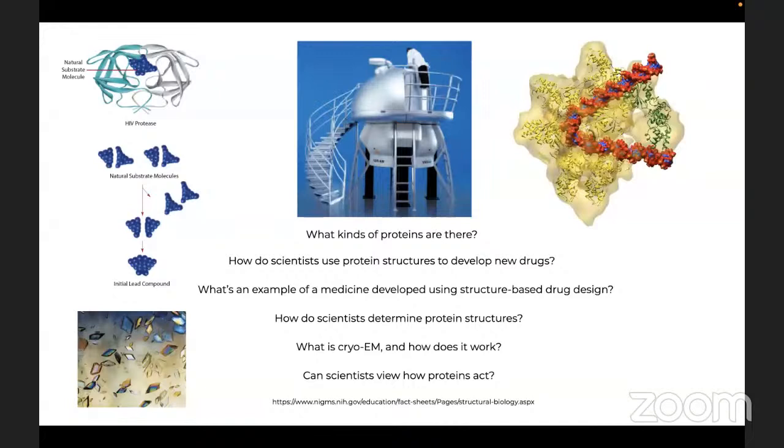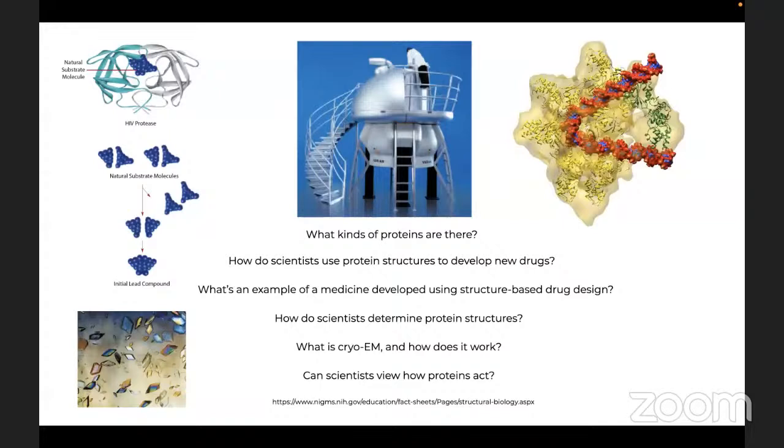So how do scientists determine protein structures? Now, again, a very basic question. Researchers use several imaging techniques to determine the structure of proteins and other complex molecules. Cryo-electron microscopy, cryo-EM, allows scientists to see individual proteins as well as large structures such as molecular complexes, groups of proteins that combine and function as a unit, viruses, or organelles.